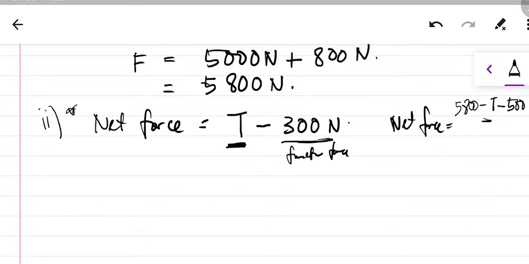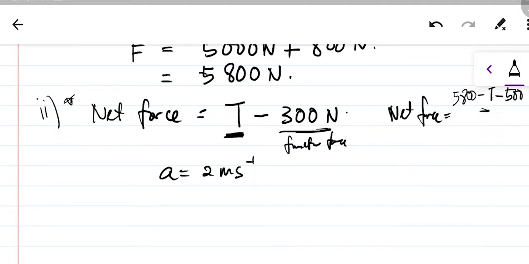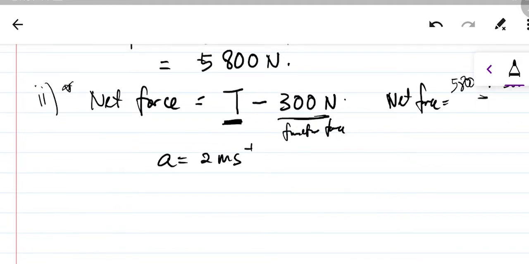The acceleration of the caravan is 2 meters per second squared, which we get from the question. So in this case, net force equals T minus 300 Newton.